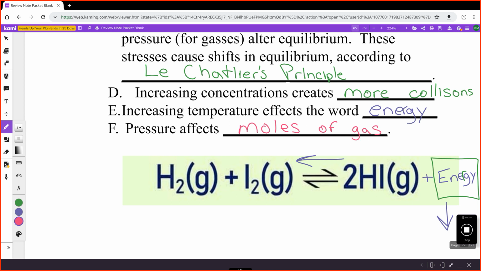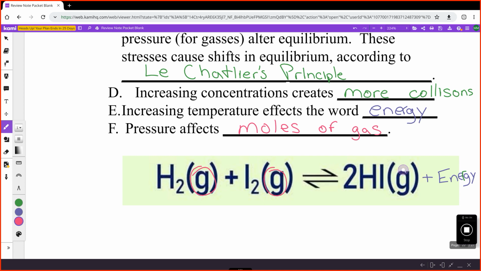So if I am dealing with an equilibrium that has no gases, there is going to be no effect on my equilibrium. However, in this case, I am dealing with gases. Sorry, that was being a little pain in the butt. So we are dealing with gases. I know that, right?